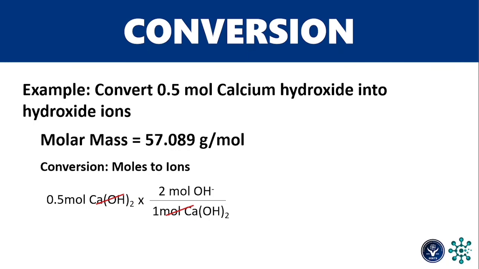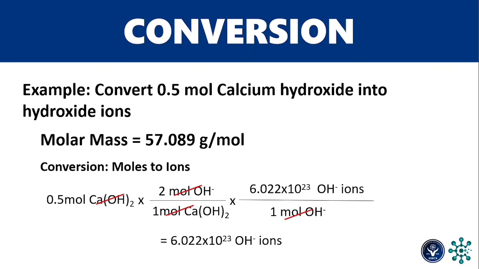So we multiply this by the conversion factor. 1 mole of hydroxide ions is equivalent to 6.022 times 10 raised to 23 hydroxide ions. Moles of hydroxide ions unit will cancel. We are left with the desired unit. We simplify this, we get 6.022 times 10 raised to 23 hydroxide ions.